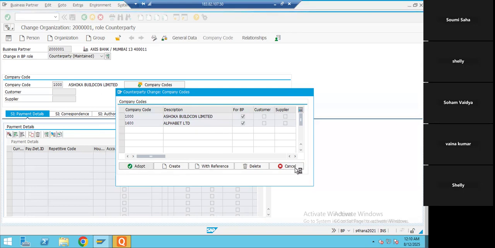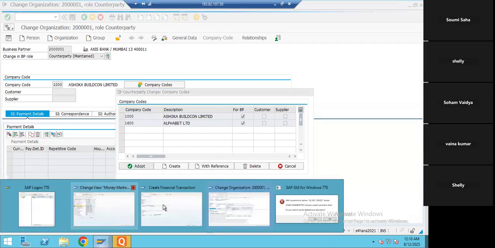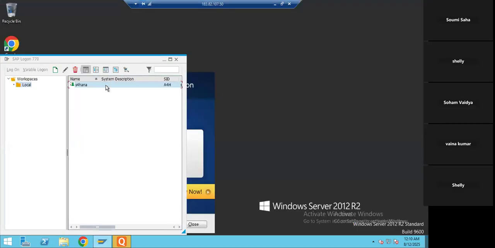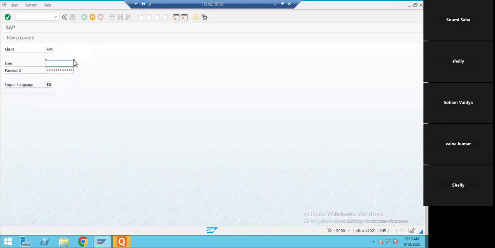This is not working. Sorry, Swami, this is not moving ahead. This is stuck. It's not working. It's very slow again and again. Okay, let me try logging in again.